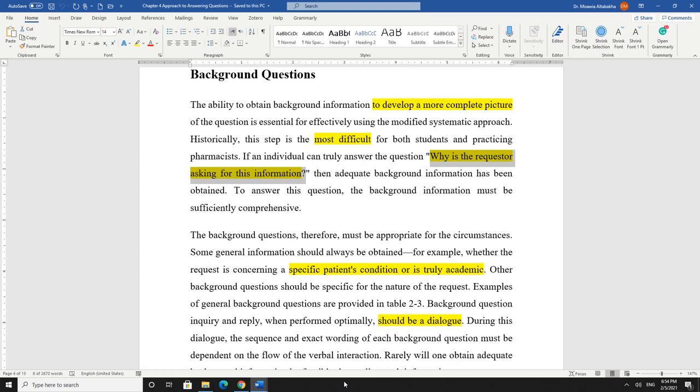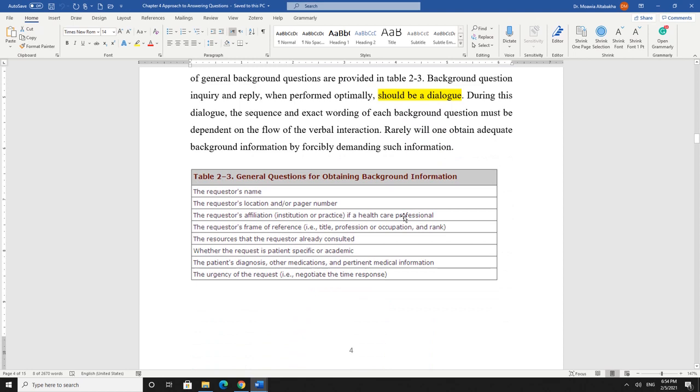What you have to ask him is the requester name and location, all this is demographics, and affiliation, and so on, all demographics, but sometimes they put it under background information. Here starts the background: the resources that the requester already consulted, whether this request is for a patient or is it just academic, meaning a pharmacist just wants to know more.